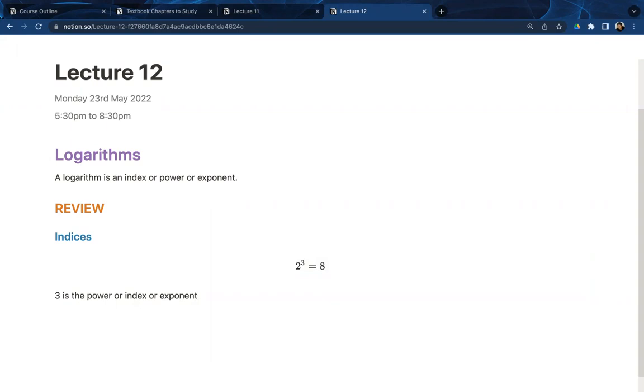You have lots of synonyms for that. 2 is the base, right? 8 is the final answer, right?